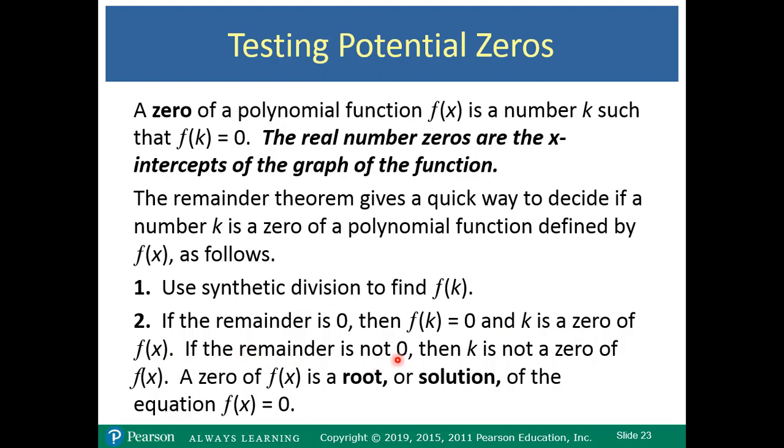If the remainder is not 0, then k is not a zero of the function f of x. Okay, so a zero of f of x is also called a root or solution of the equation f of x equal to 0. Okay.